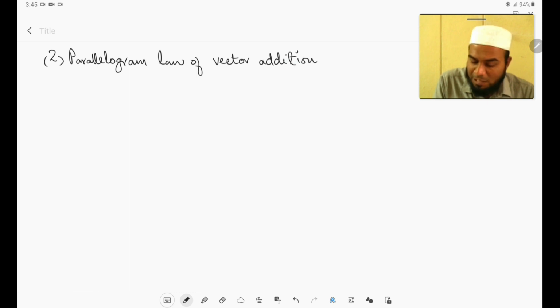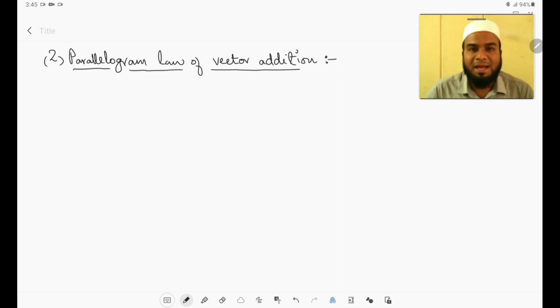In the triangle law of vector addition, we have seen that if a person is traveling from the point A to B and then point B to C, then the resultant, the total displacement, will be given by the vector AC, right? Now we are seeing the parallelogram law of vector addition.